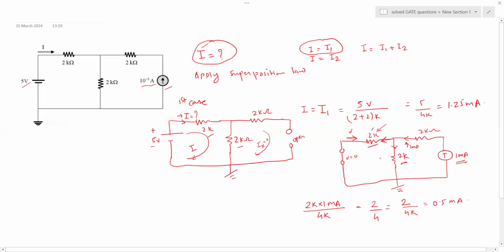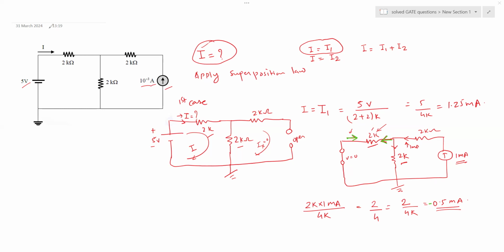The direction of this 0.5 milliampere current is flowing right here. Let me show you through this pencil, in a different color. Since we want to know the current the other way, we'll put the minus sign here.